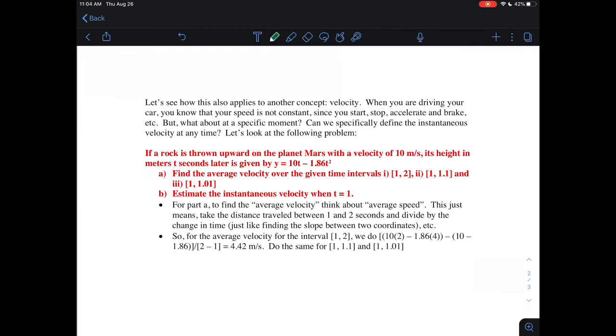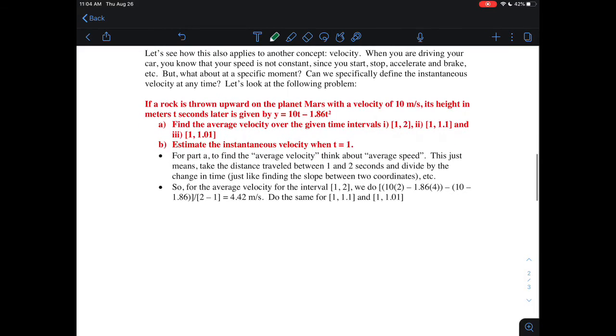Let's look at this problem. If a rock is thrown upward on the planet Mars with a velocity of 10 meters per second, meaning that's its initial velocity, its height in meters, t seconds later, is given by the equation y, which stands for height, equal 10t minus 1.86 t squared.